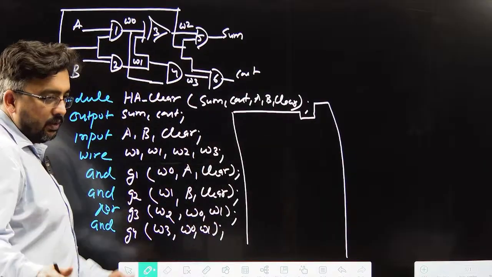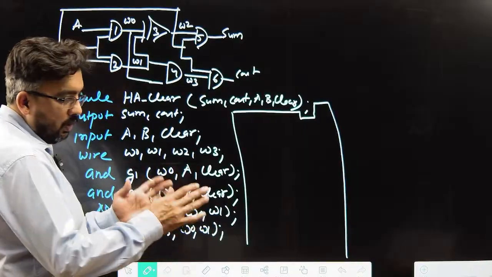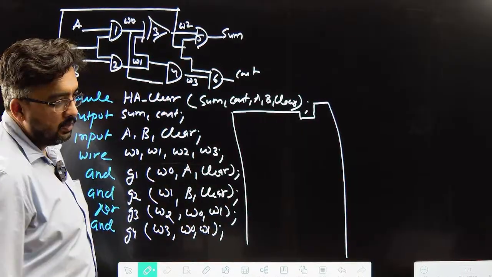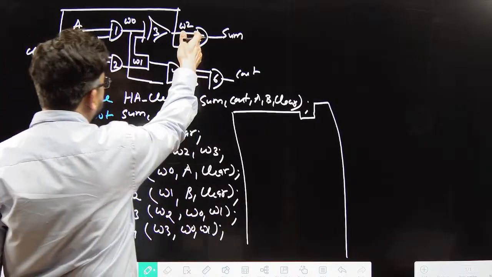Later on, after some time, I will show you how to write the code in a tool also. So let's write gate 5 and 6.